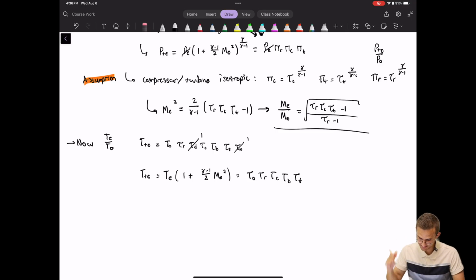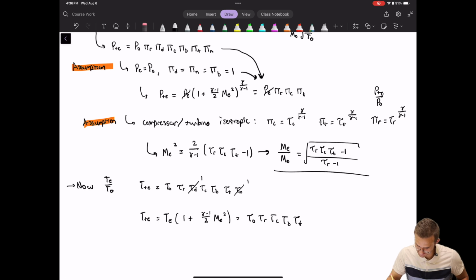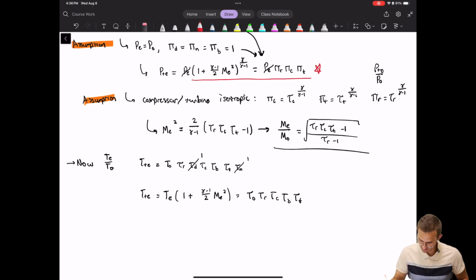But one thing that we have here, actually, remember this relationship that we have here. From that, we can actually replace tau R, tau C, tau T with this quotient, this object right here.